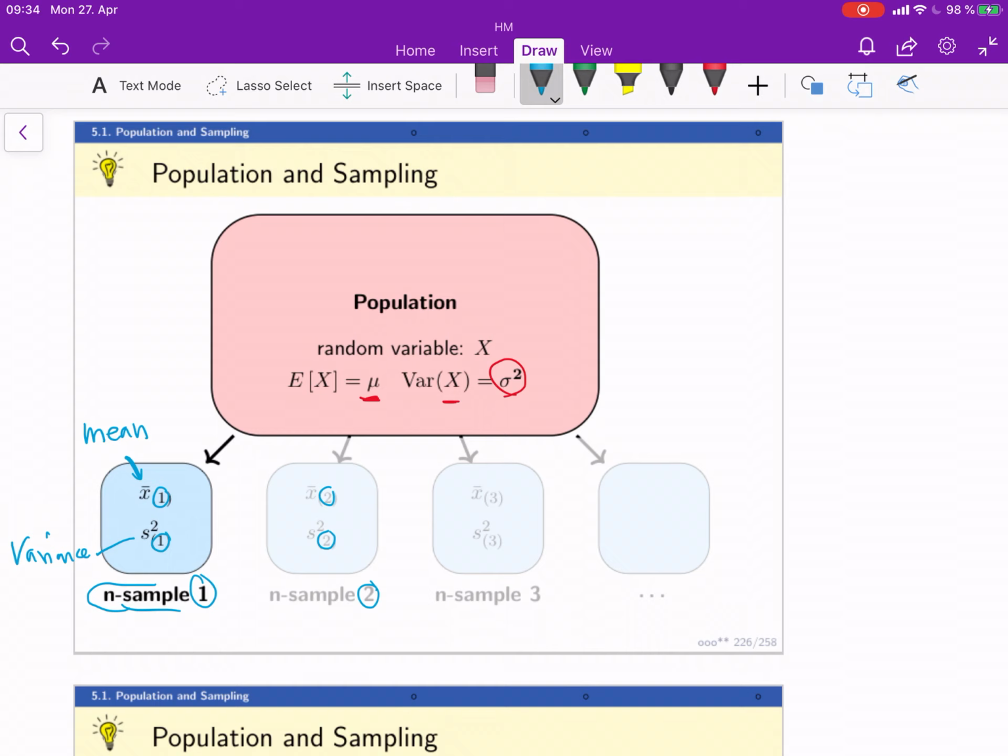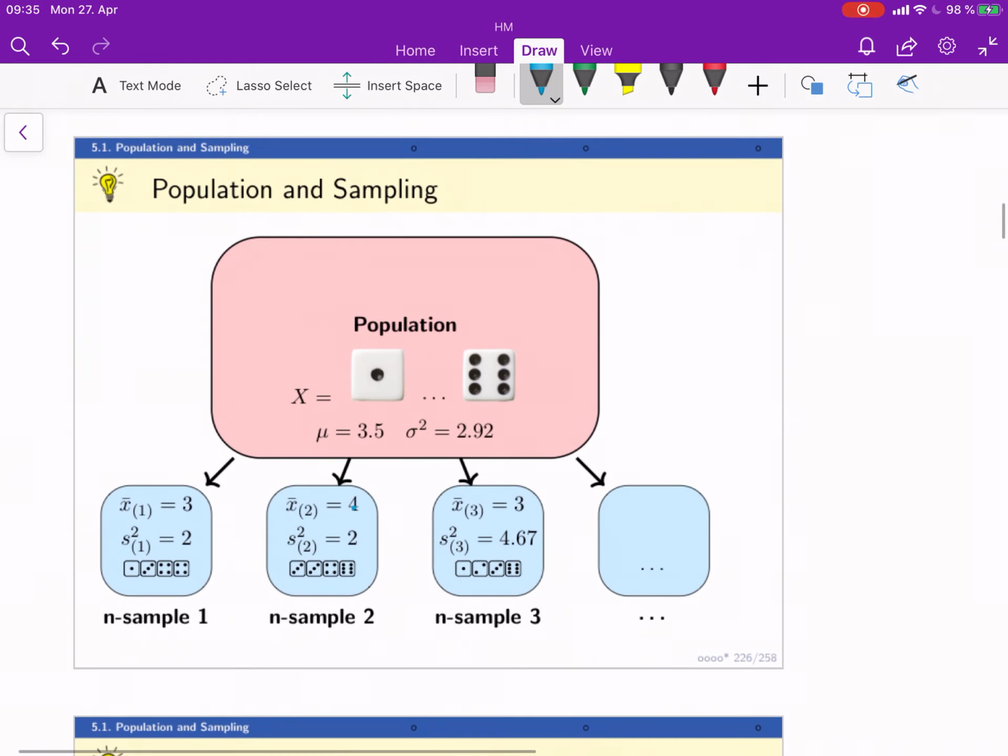All right, let's make it a bit more applied. I paint the same picture, just giving you an example. Let's say we've got a fair die, that's our system, and then obviously we know what our model or population looks like.